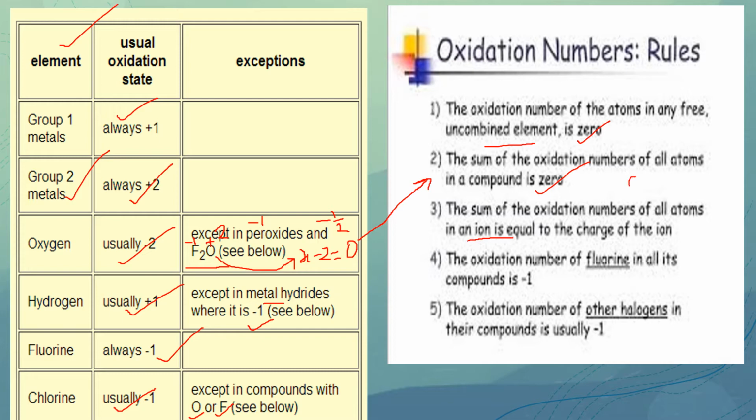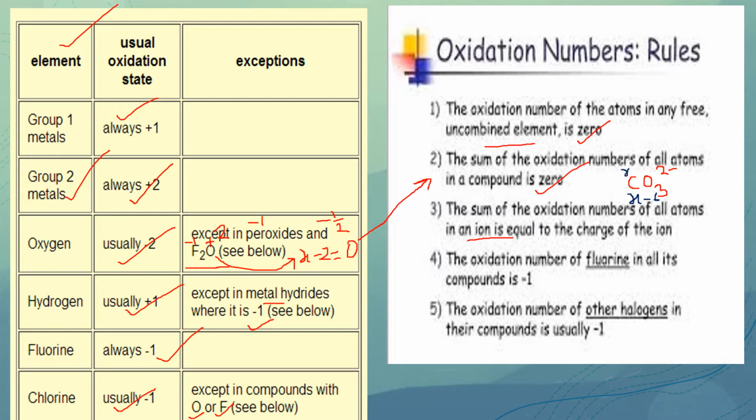Like, I want to calculate the oxidation number of carbon in carbonate. We know that carbonate has a 2 negative charge. So how will I write it? For carbon, I'll write X, since I don't know the oxidation state. For oxygen, -2. There are 3 oxygens, so it becomes -6, right?